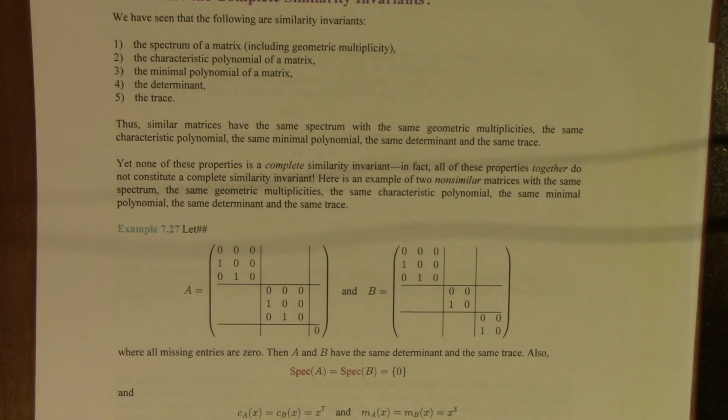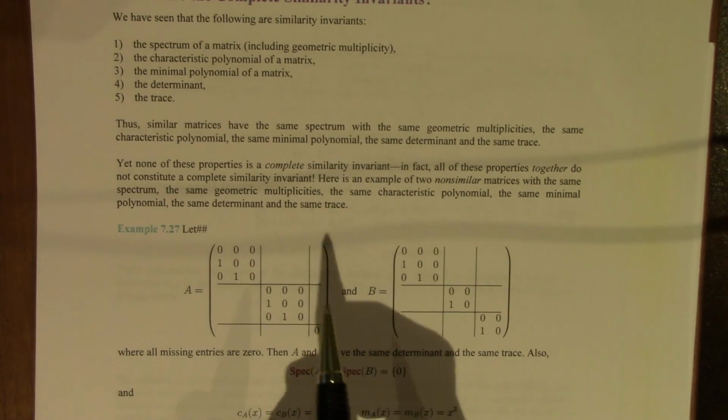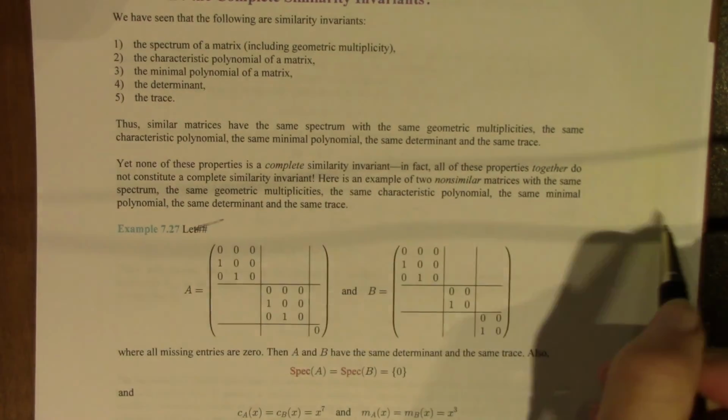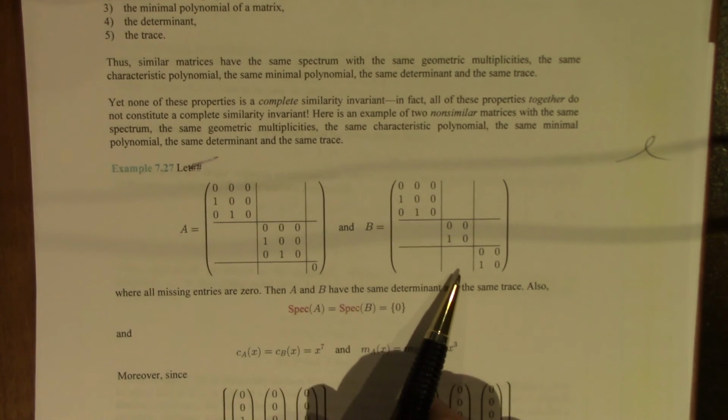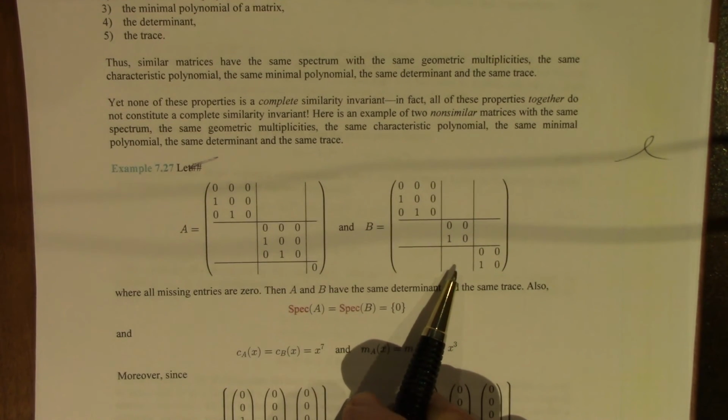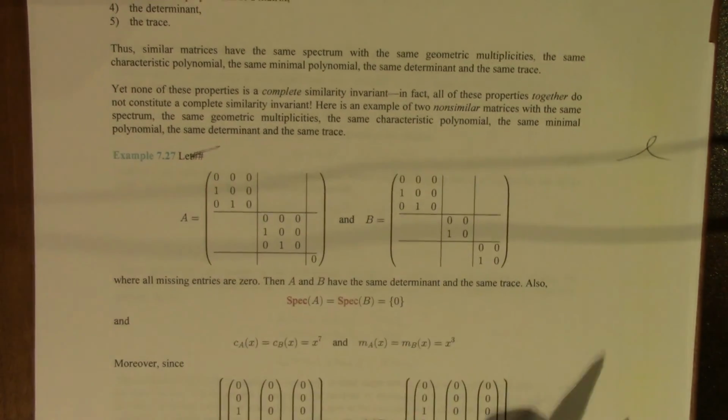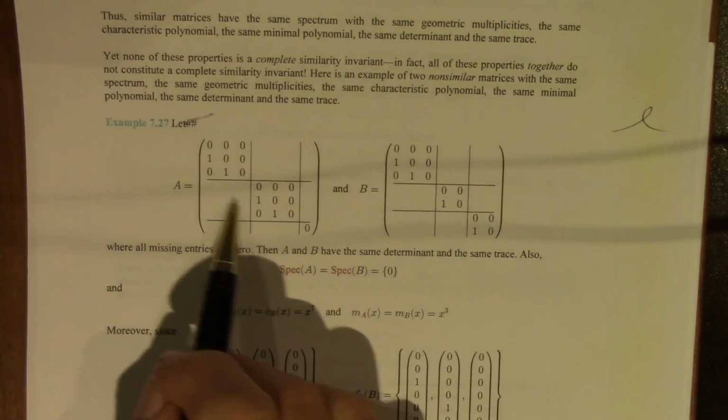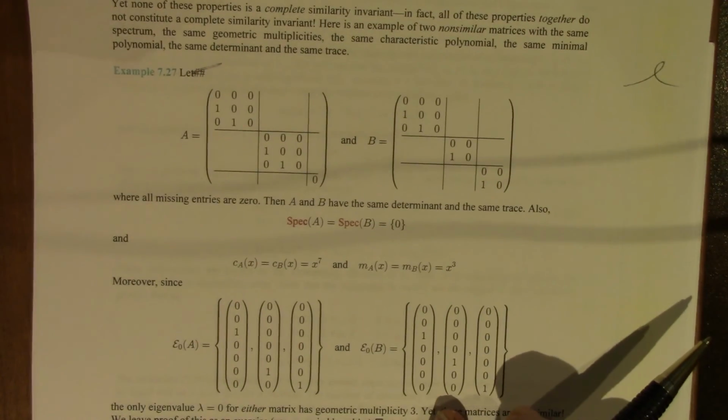In fact, all of these together are still not enough information to identify a similarity class. And I wanted to give you an example of that. Here are two matrices of the same size, 7 by 7. All the entries that I didn't put in are zeros. It seemed easier to see what's going on here if I didn't put in all those zeros.